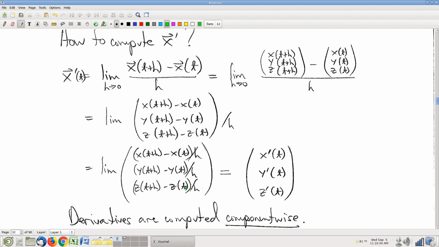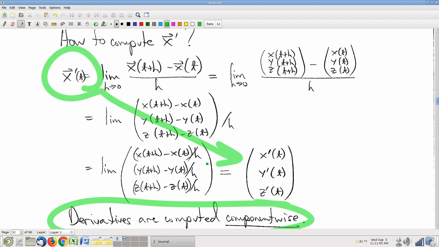We haven't talked about limits yet, but I'm going to ask you to take on faith, and I think this is pretty believable, that the limit of a vector-valued function, you just take the limits one component at a time. And one component at a time, this turns exactly into literally the single variable definition of the derivative of the x-coordinate function, and likewise that's the y derivative, and that's the derivative of z. So good news is derivatives are computed one component at a time, just like you would hope.